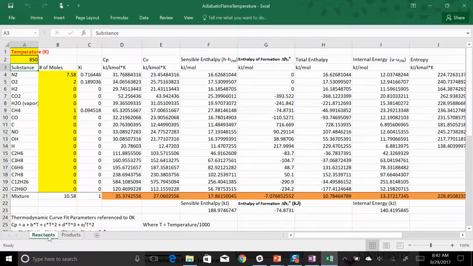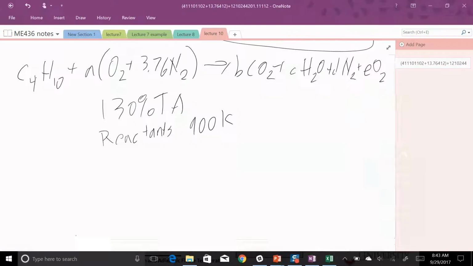Apologize, in this one I haven't actually put n-butane in, so let me switch this up and let's just start with methane. I think I have this set up, so let's go back and rewrite our problem here. We're not going to burn n-butane, we're going to burn CH4, regular methane, the main constituent in natural gas.